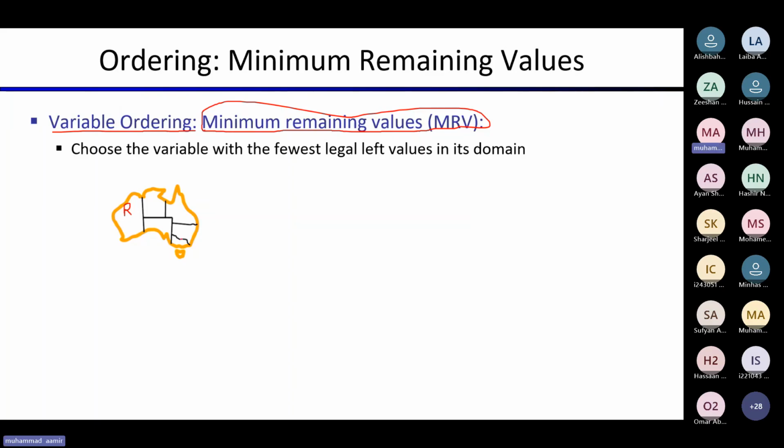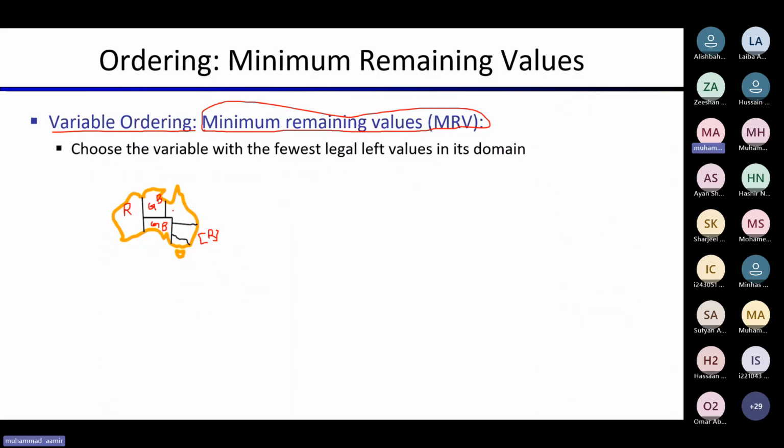We will select that variable which has the minimum remaining values in the domain. Let's say this territory has only one option left, red. This territory has green and blue. This territory has green and blue.